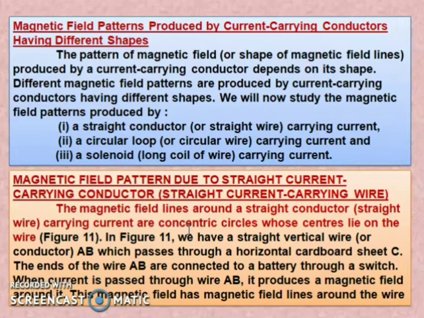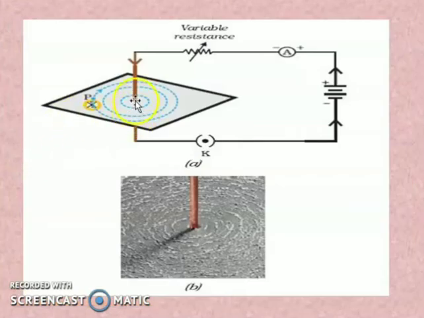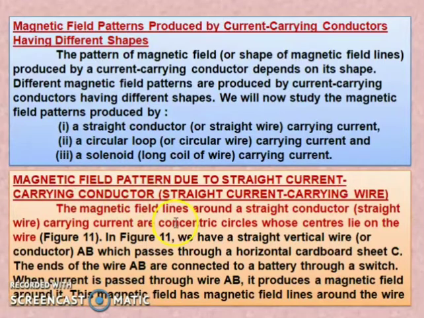Concentric circles means there are many circles but they have the same center, as you can see in the figure. This is a concentric circle, 1, 2, 3. There are many circles, but they lie on the same center. That is what we call concentric circles.